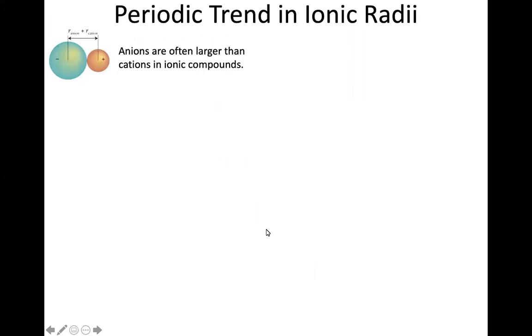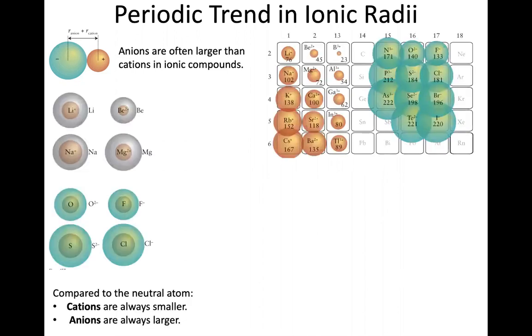Now, let's say instead of looking at neutral atoms, we're looking at ions. What would be different when we go from the neutral atom to an ion? As you know, we have both anions, where we've added electrons, and cations, where we've removed electrons. Here are a couple of ways of showing the different ones.